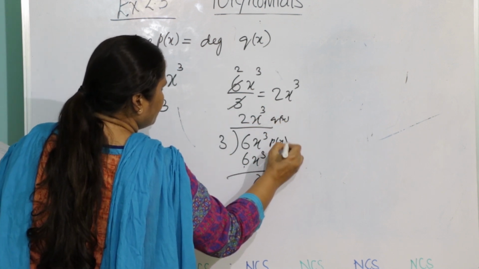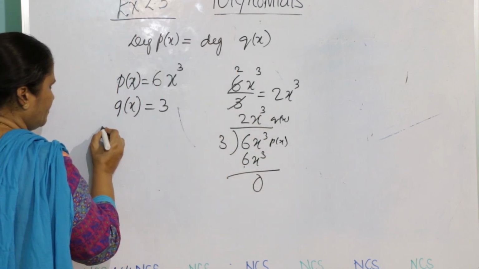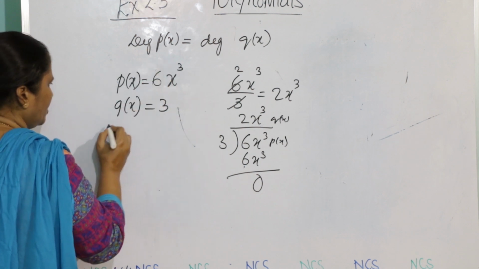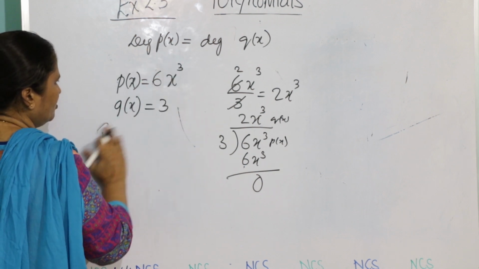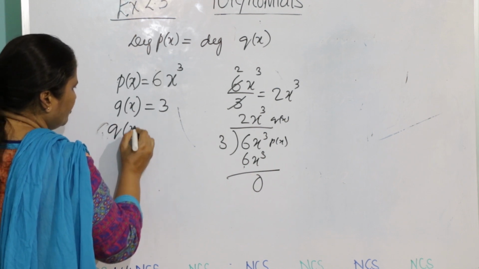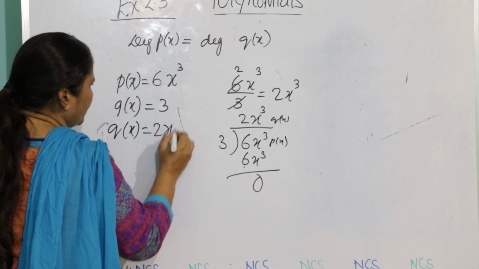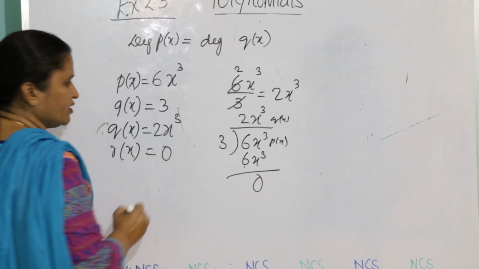This is our p of x, and we have both the degrees same. So our example for this condition can be p of x is 6x cube, g of x is 3, then q of x is 2x cube, r of x is 0.